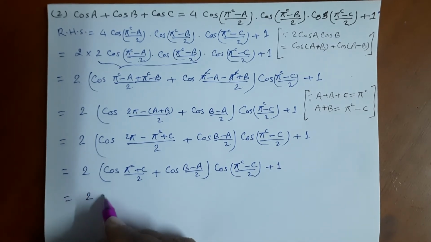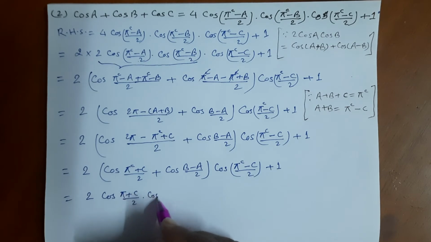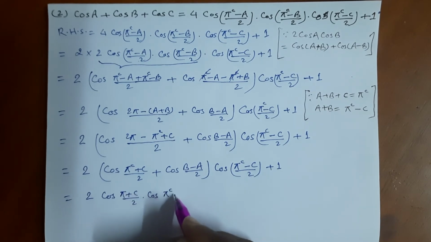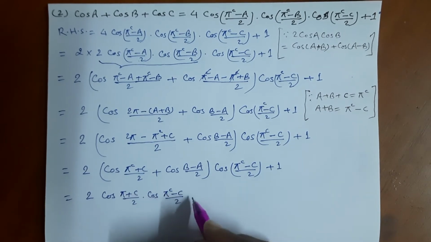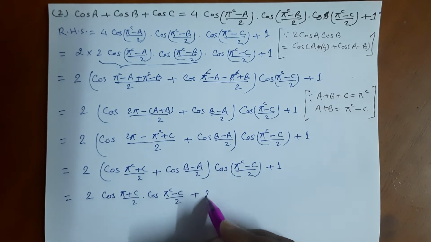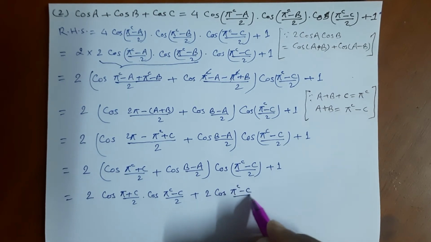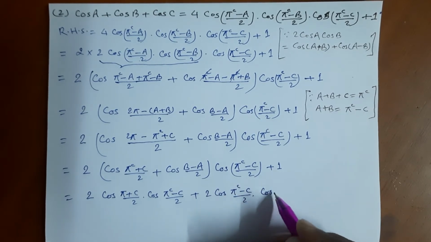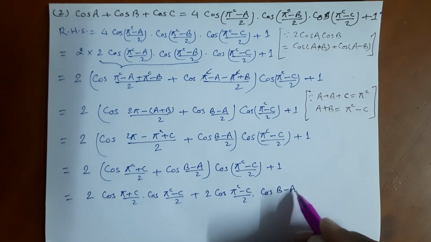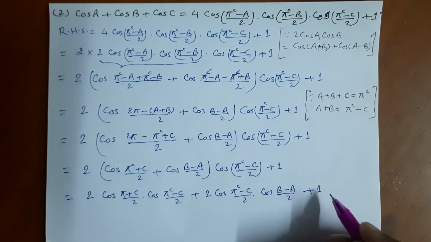and it becomes 2 cos pi plus c over 2 times cos pi radian minus c over 2 plus this will multiply here and this will also multiply here, 2 cos pi radian minus c over 2 cos b minus a over 2 plus 1.